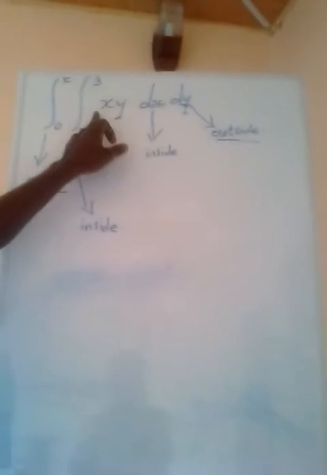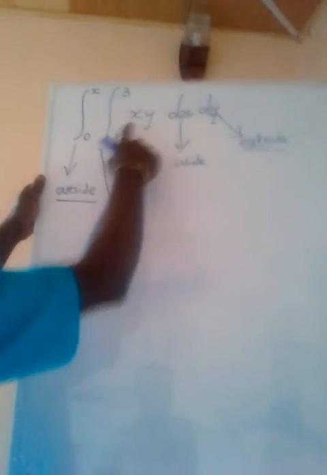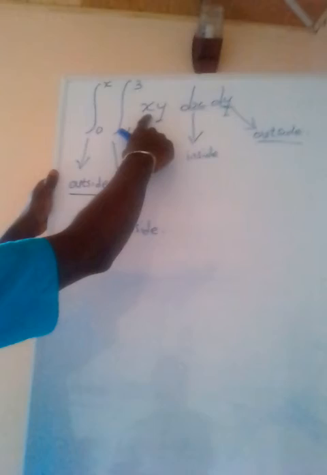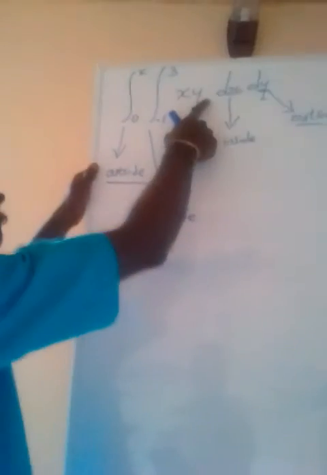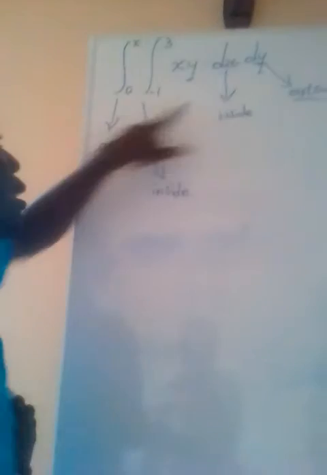Now, when I look at the dx and then the dy, for x and y, looking at this inside, I will take this x as the function that I have to work with respect to. The y will become a constant for me now that the y is outside. So the y will be a constant in our solution, and the x will be the one that we are actually going to work on.